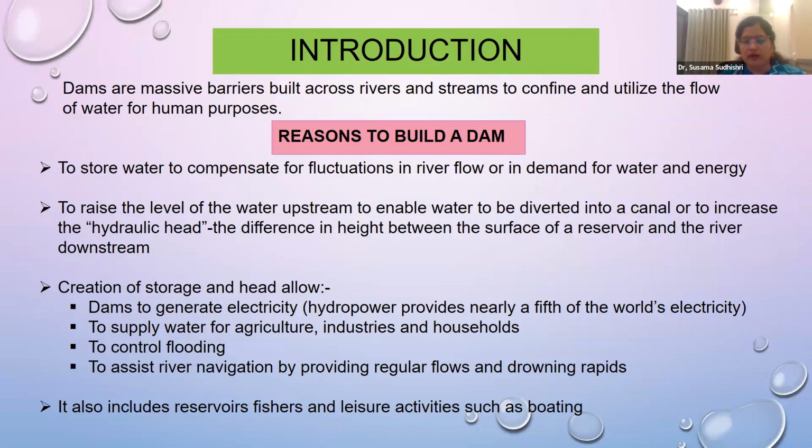Navigation is not our purview as agriculture engineers; the main things are to supply water for agriculture and to control flooding. These are the main things we do as agriculture engineers.